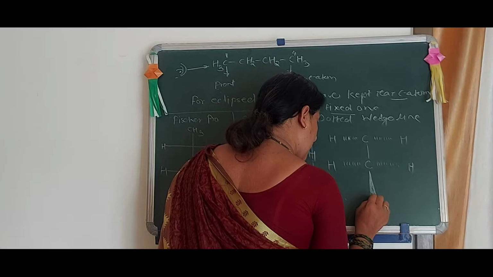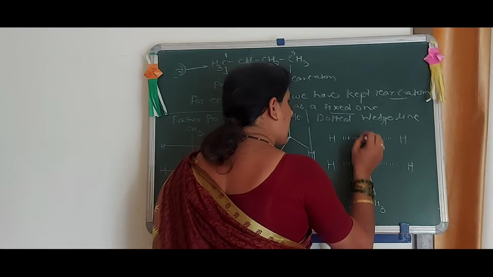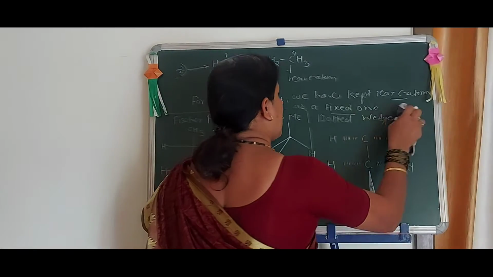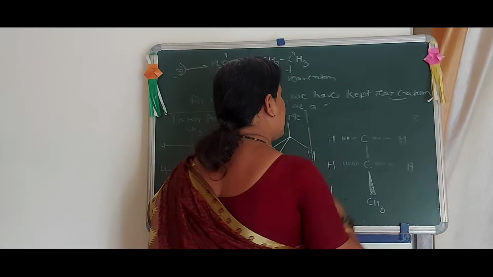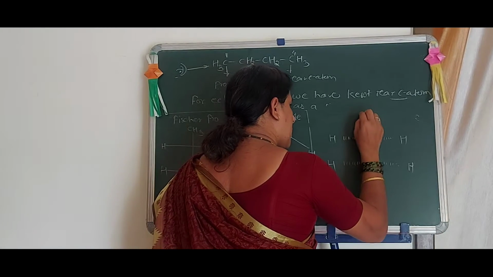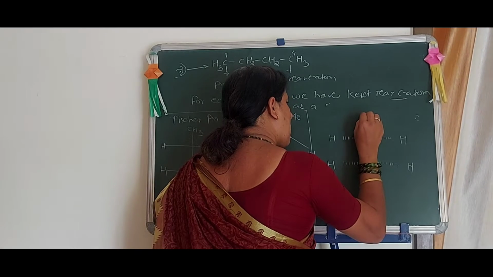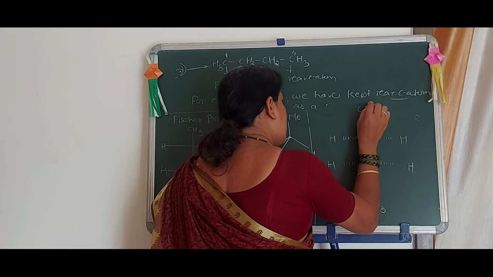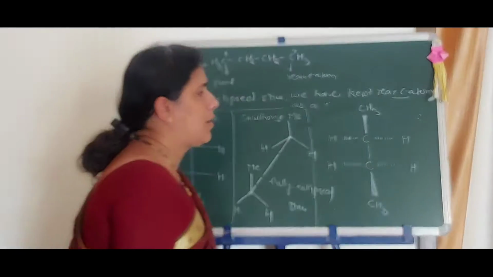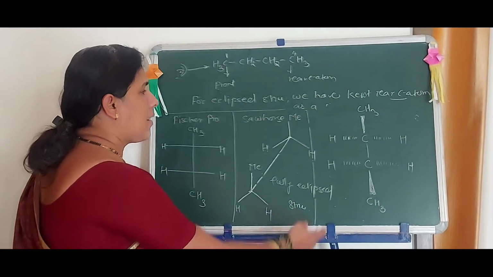This is a CH3, and here also I am drawing it as a sketch. Okay, this is the structure for the eclipsed form.